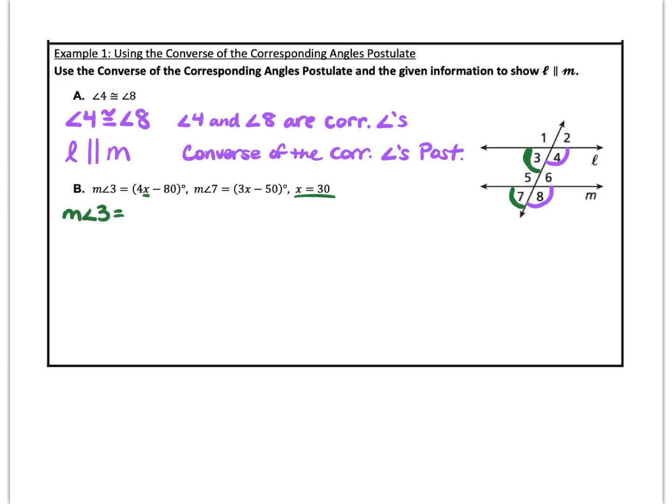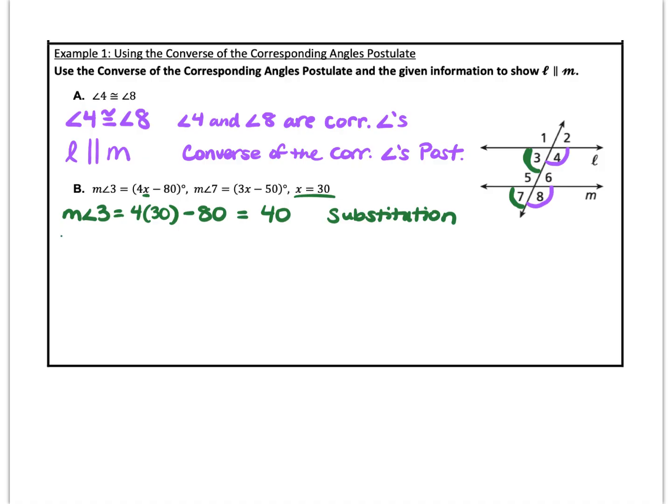So I'm going to substitute in the 30. So 4 times 30 minus 80. If you plug that in there, 4 times 30 is 120, and 120 minus 80 is 40. So here I just used substitution, and I substituted the x value of 30 into this expression for angle 3.